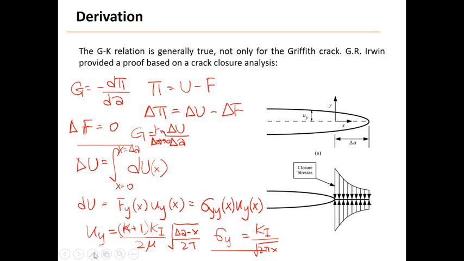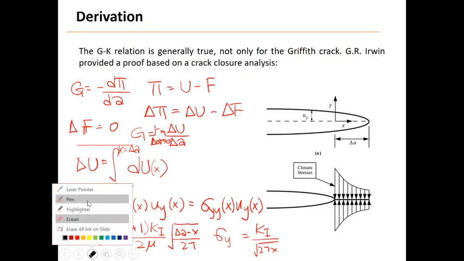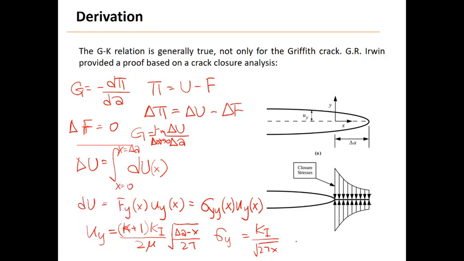So r is x in this coordinate system. So what we need to do is put these two expressions into here, and then we integrate. So that's all we need to do.